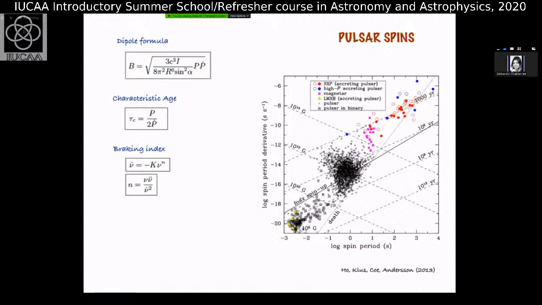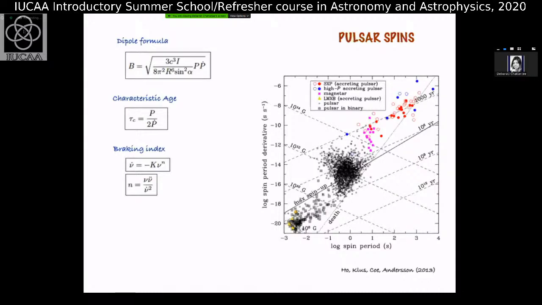The dashed lines represent the different magnetic fields and also different characteristic ages. Also, assuming the spin-down follows a power law, we can also determine the index, which is called the braking index of a pulsar. A braking index in the case of magnetic dipole radiation would be approximately 3.